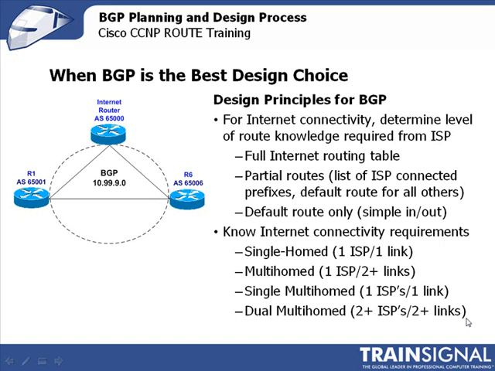The second thing you need to determine from a design point is what kind of connectivity requirements you're going to use. Are you going to be single homed, which means one ISP and one link, one point of entry, one point of exit? It's very simple and straightforward. A lot of small businesses use it, and it's typically the same kind of environment when you get broadband internet to the home. Then there is multi-homed, which means there is still a single internet service provider, but there are two or more links to that service provider.